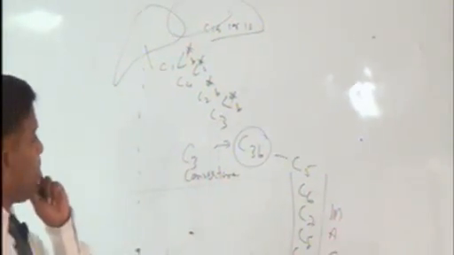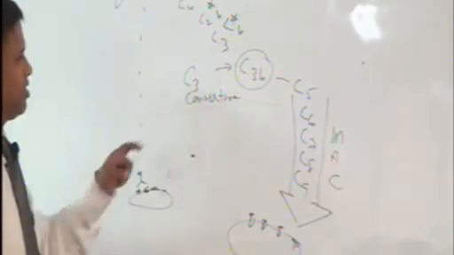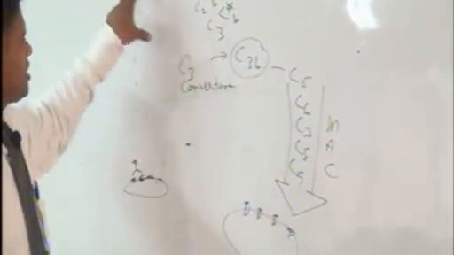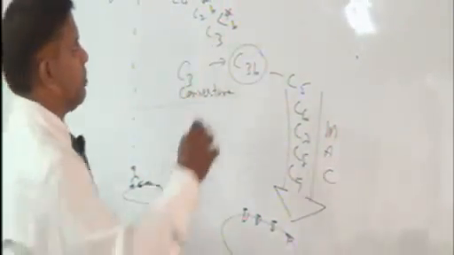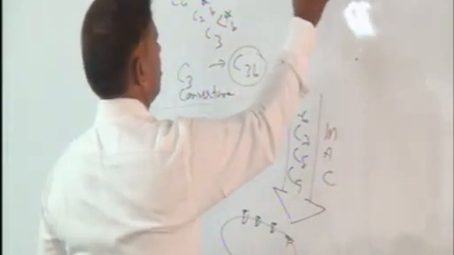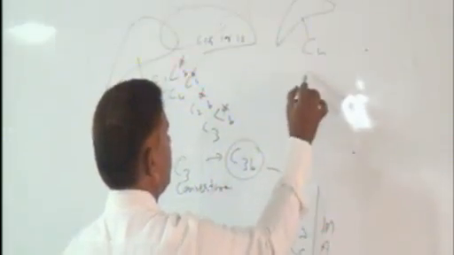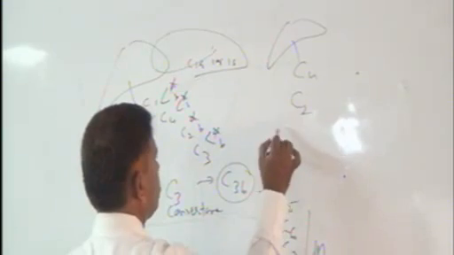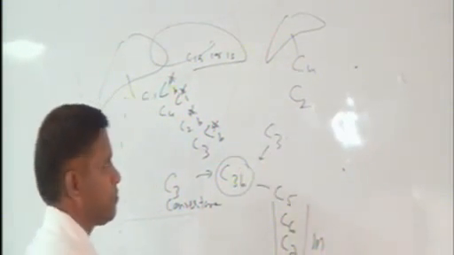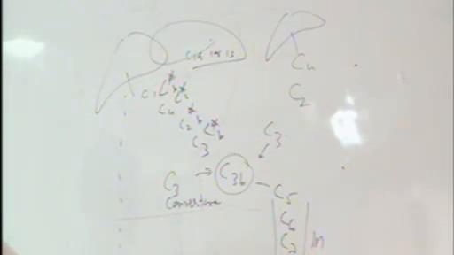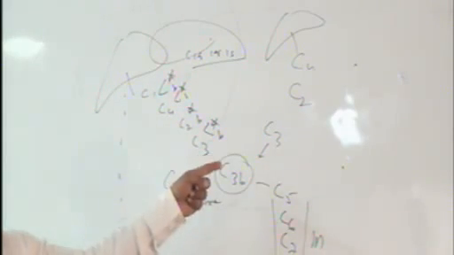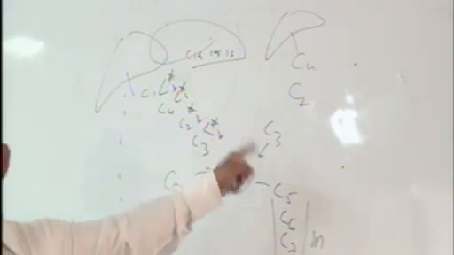Now, this is the classical complement pathway. Coming to the alternate pathway, there is no C1 here, directly C4, C2 and C3. So what is the difference between the alternate and classical pathway? C1 is missing.